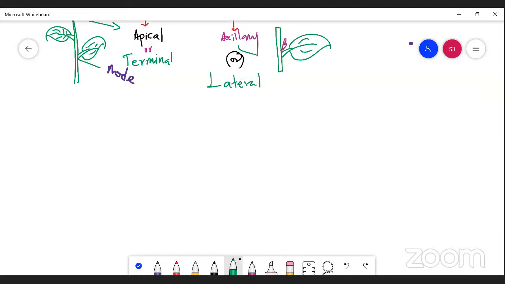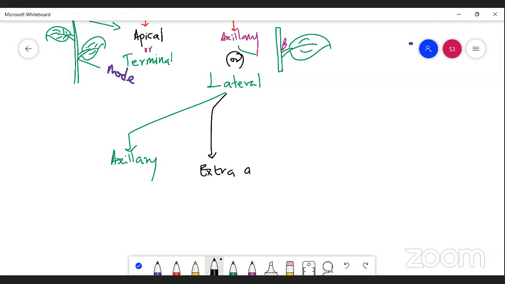The lateral buds are further classified into the following types. The first type is axillary, and the second category is extra axillary buds. And the third category is accessory buds.